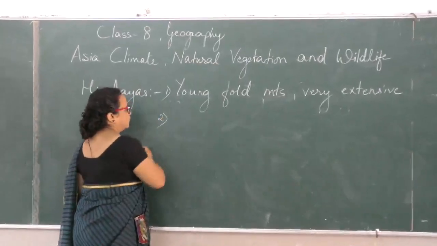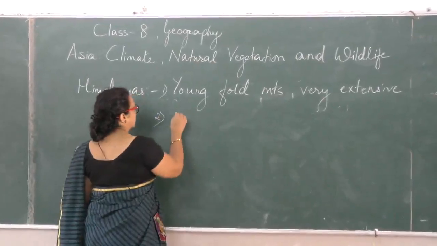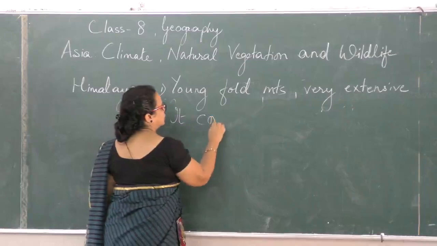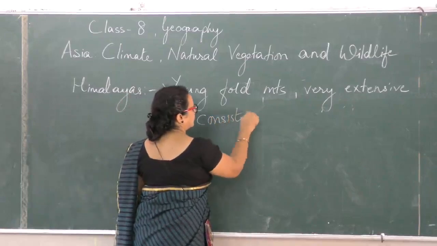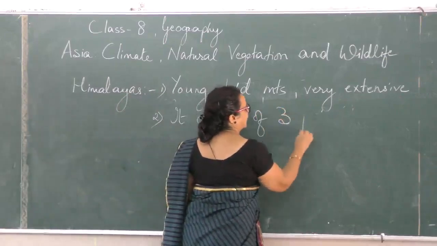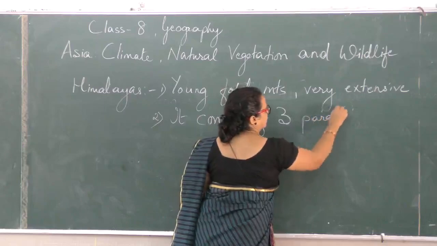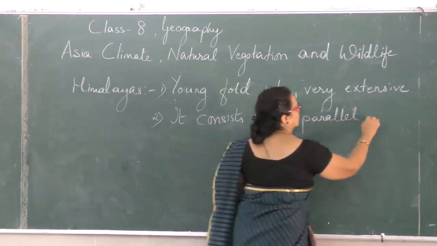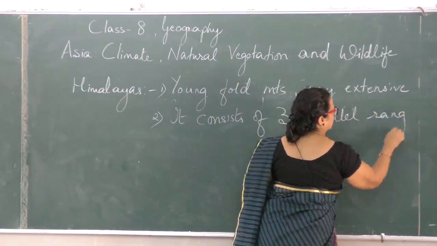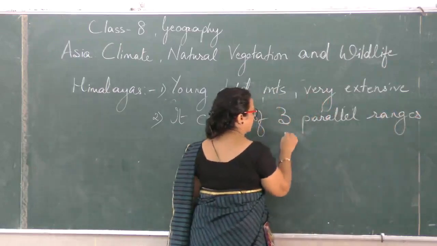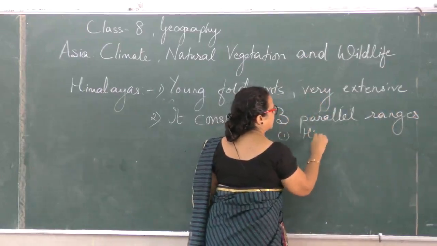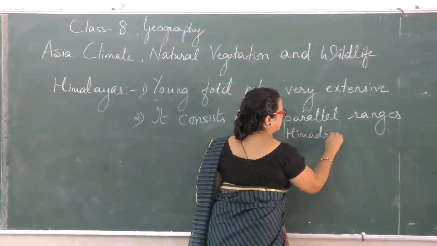Second point, I am giving you all the easy points. It consists of 3 parallel ranges. Note down their names. The highest one is Himadri.